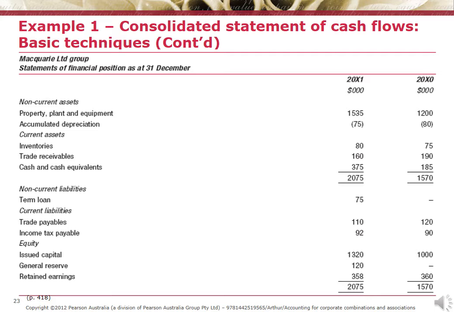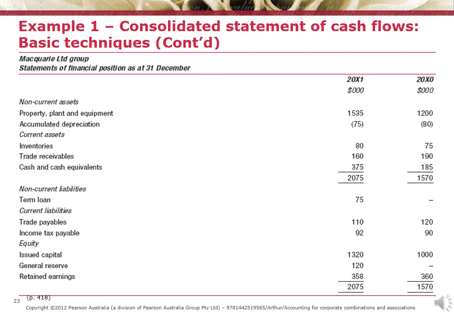The issued capital's changed amounts, so that means there's been an issue of capital and an inflow from issuing shares there. A change in the general reserve as well, and retained earnings. So, as I mentioned with the previous slide, we're just scanning through the accounts now, getting a bit of an idea of what's changed during the period.